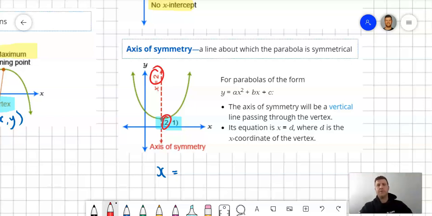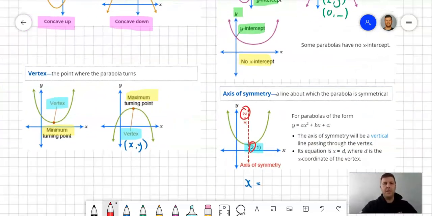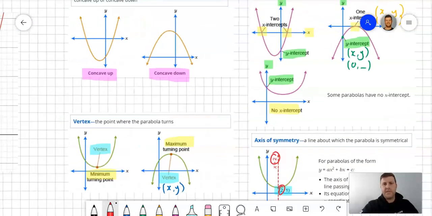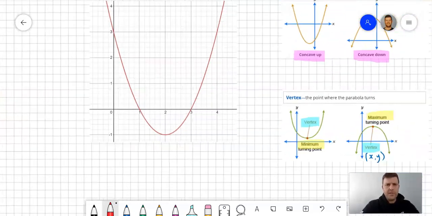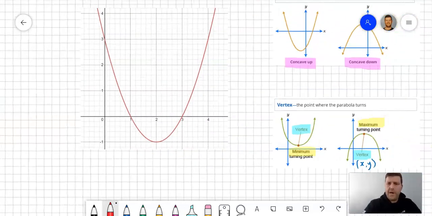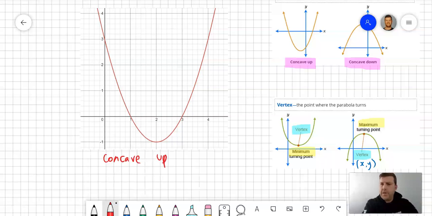Now what I'm going to do is I'm going to show you a parabola I've got over here, and we're just going to work through those 6 key features. Alright, first of all, looking at this parabola I've got here, is this concave up or concave down? That's right, concave up. Next thing we're going to work out is our y-intercept, so just shorthand here, y-intercept. There it is there, where that line's crossing the y-axis, and that is at the coordinates 0, 3.